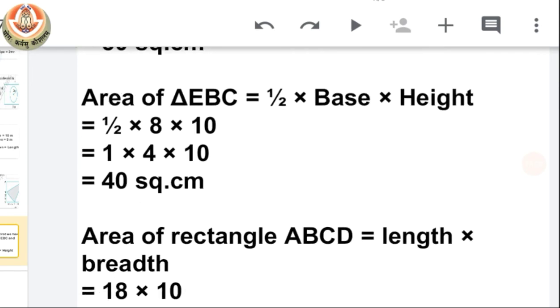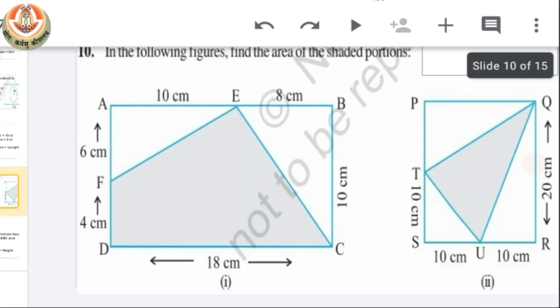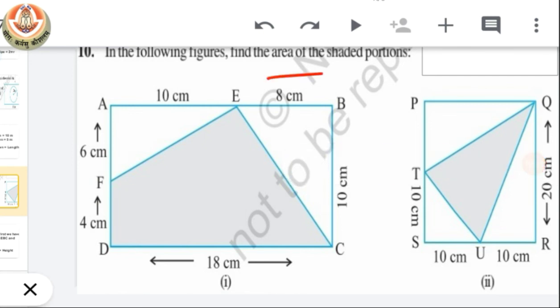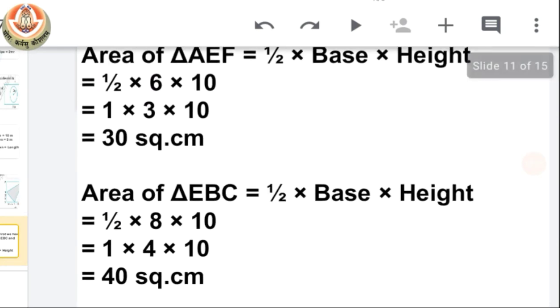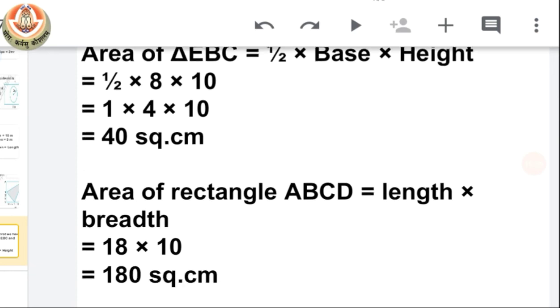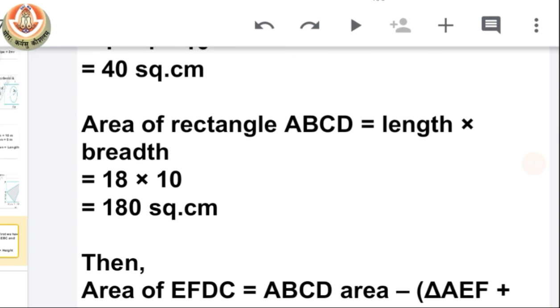Similarly, the area of triangle EBC, you can see here this is our EBC and its dimensions are 8 and 10. So the area of EBC is half into base into height, that is half into 8 into 10. So the answer is 40 centimeter square.